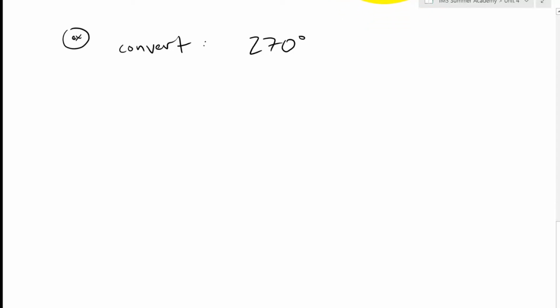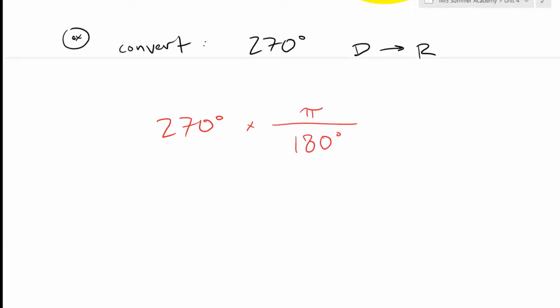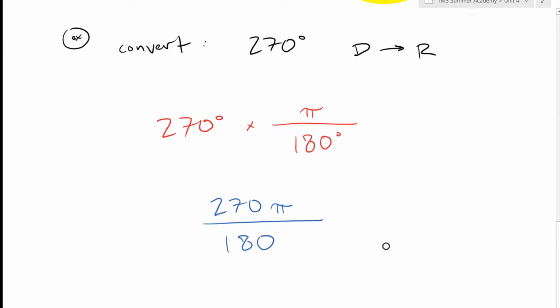Try another. For example, let's go ahead and convert 270 degrees. So obviously this is in degrees. We want to convert it to radians. The way we do that is to take what I'm given, 270 degrees, multiply it by pi over 180 degrees. So smashing that together, I get 270 pi over 180. And then we want to reduce as much as possible.